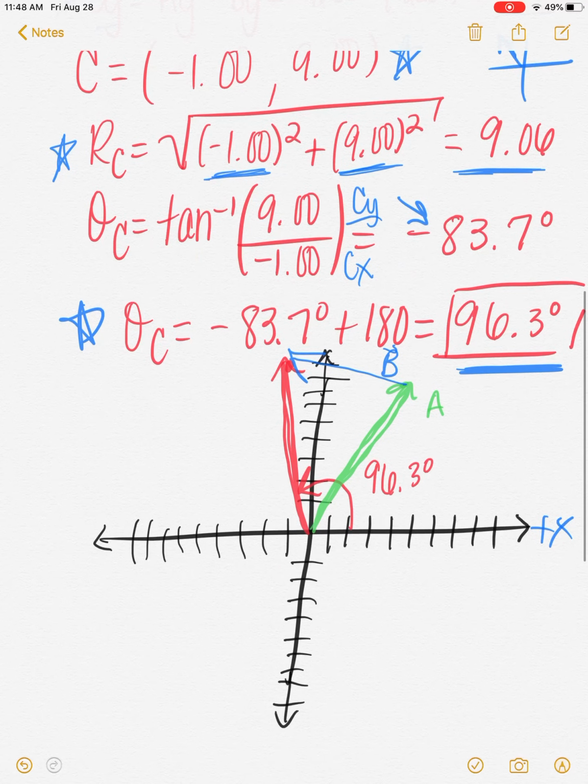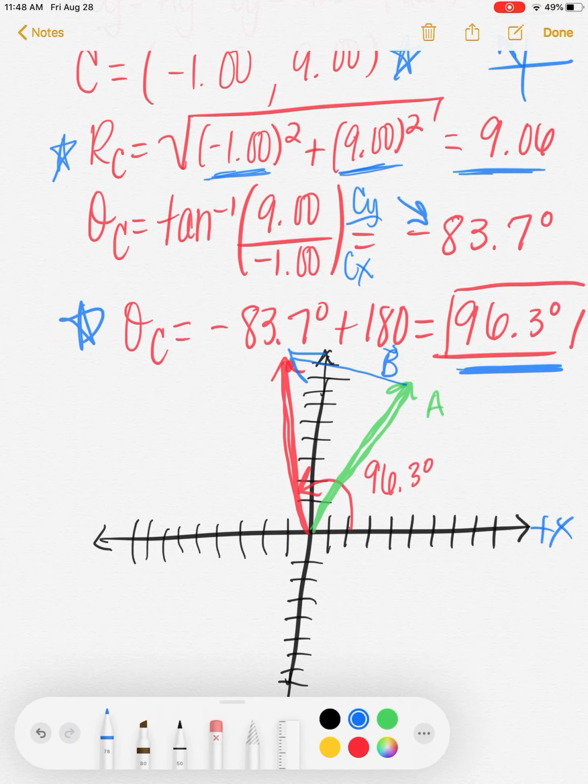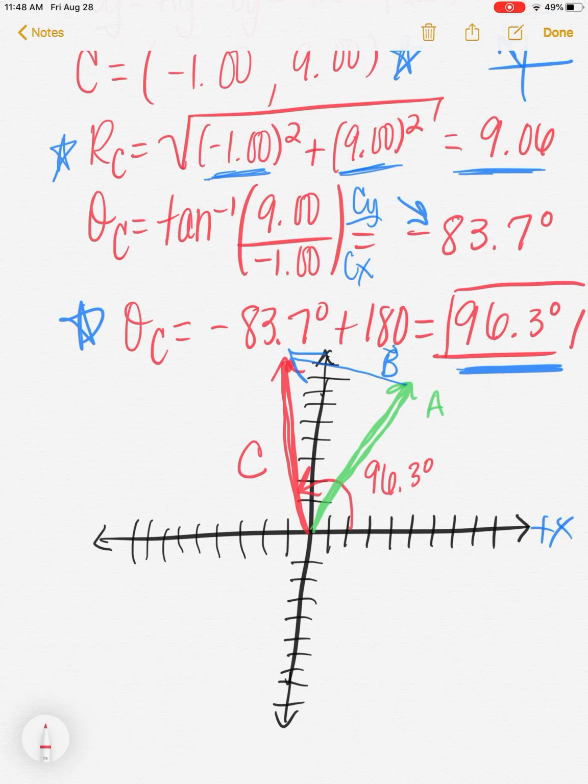And then for the last part, Mia, they want you to basically just plot all of this. So what I did here is my red vector is C, the resultant of A minus B. Probably it's better for you to label it that way for your professor.